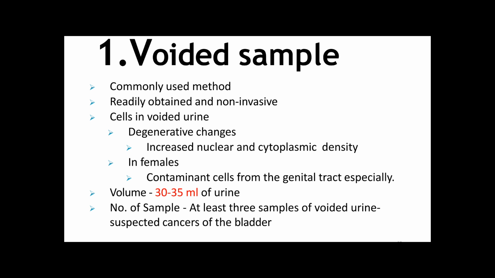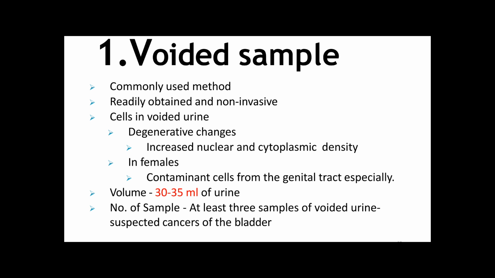However, cells in voided urine show degenerative changes such as increased nuclear and cytoplasmic density, and most of the time show contaminant cells from the genital tract, especially in females. At least three samples of voided urine should be submitted for cytology in suspected cancer of the bladder.